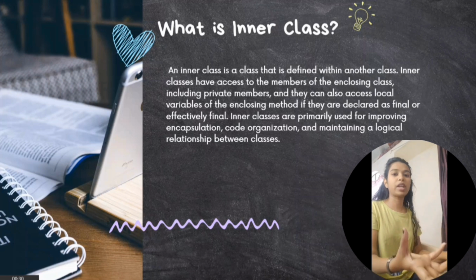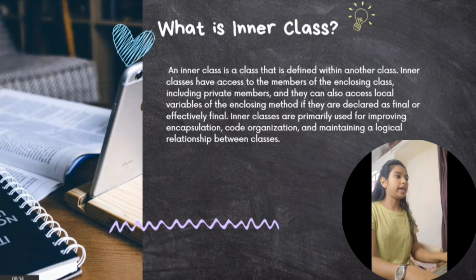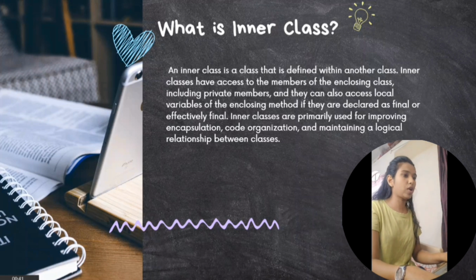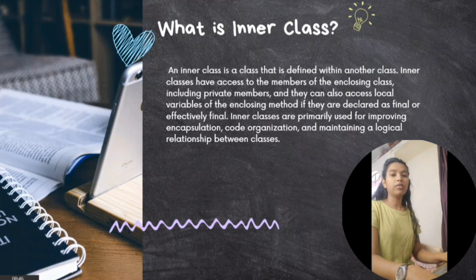So you have to write one class, and inside that you can write another class. An inner class can have access to the members of the enclosing class, including private members, and they can also access local variables of the enclosing method. So we can access the private members of the outer class.